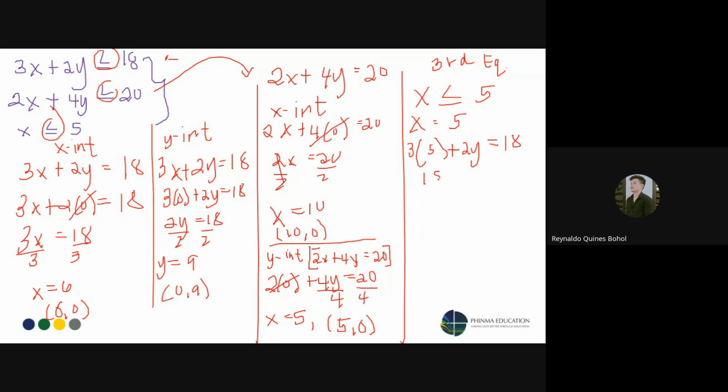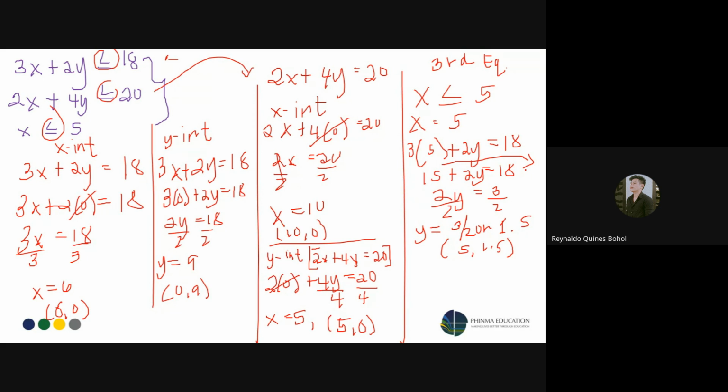So, ito yung 15 plus 2y equals 18. Yung 15 pupunta sa kabila. So, magiging 2y equals 3. Divide natin sa 2. So, y is equivalent to 3 over 2 or 1.5.